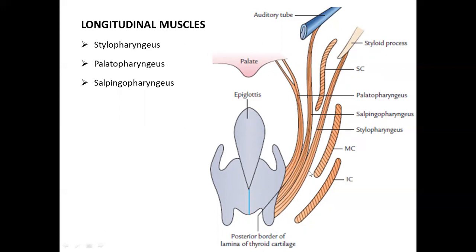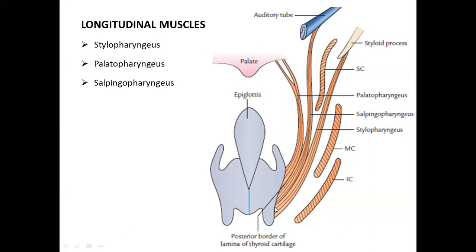Three muscles. Let's talk about the stylopharyngeus muscle first. It arises from the base of the styloid process and inserts into the posterior border of the lamina of the thyroid cartilage. These three muscles are inserted into the posterior border of the thyroid cartilage.